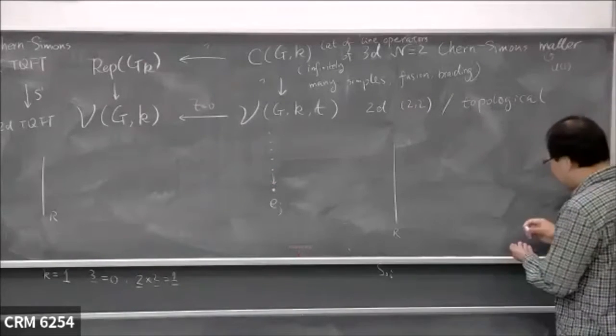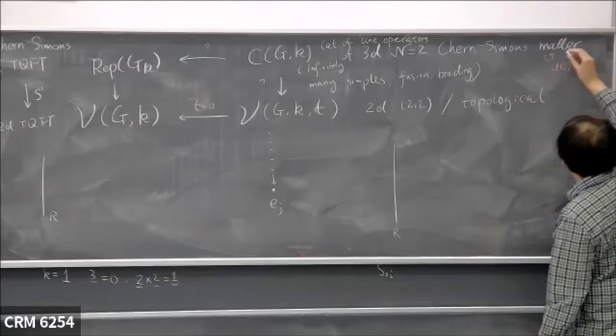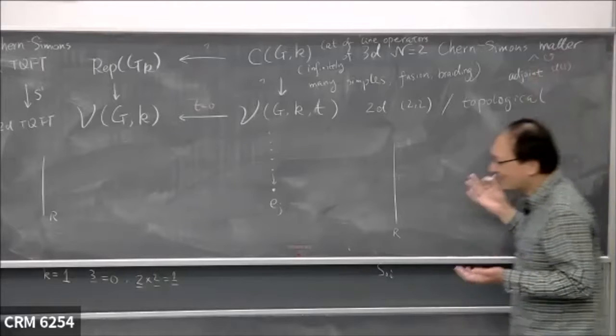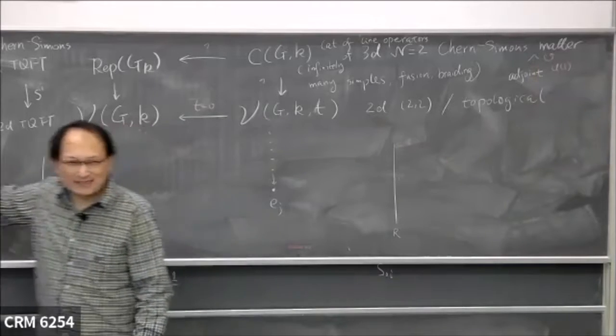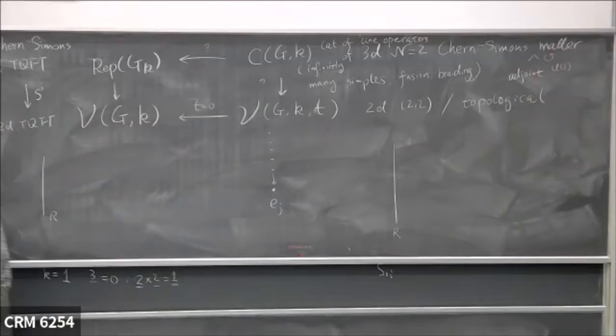So what is the matter? Here you need to specify the representation. It is the adjoint. Recall that it's somehow related to a complex Chern-Simons theory. If you view complex Chern-Simons theory as Chern-Simons matter theory, indeed you want the adjoint representation. It's pretty close to N equals 4 pure gauge theory.